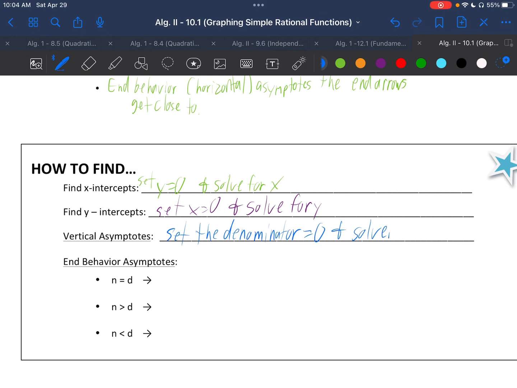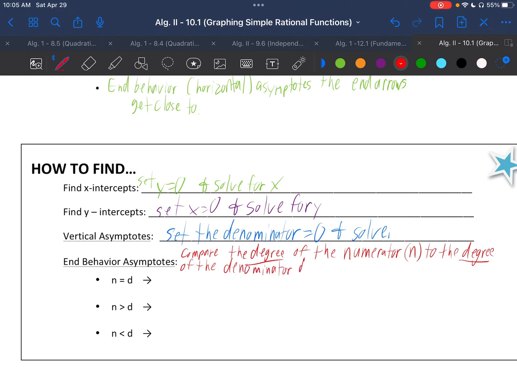Now, for end behavior asymptotes, you compare the degree of the numerator, and we'll call the degree of the numerator n, to the degree of the denominator, and we'll call the degree of the denominator d.